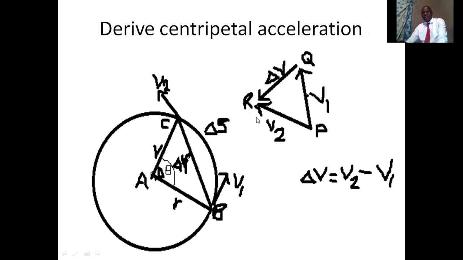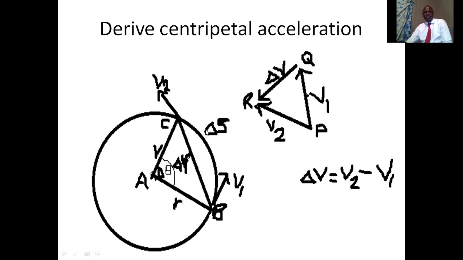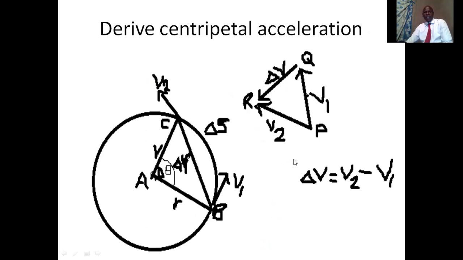Since the triangles are similar, delta V over V is equal to delta S over R, where delta S is the displacement for this point and R is the radius. Because delta S is very small, we can solve for delta V over V, since V2 is equal to V1.